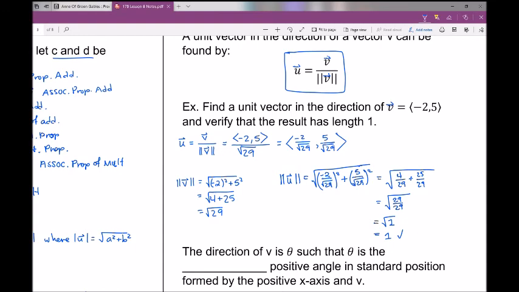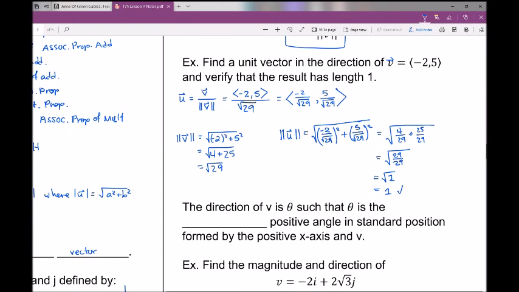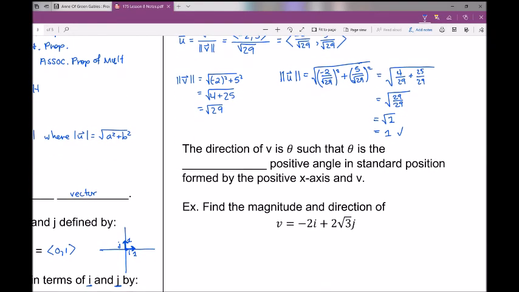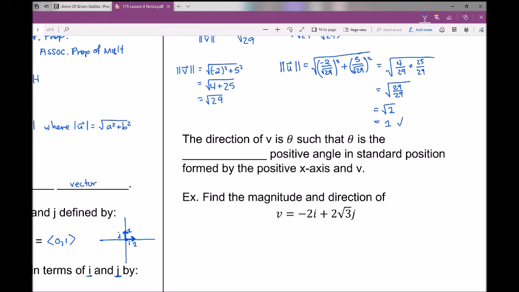Now the direction of v, you could think about this as a slope, but we usually like to define it in terms of an angle. So rather than just saying we're going up 2 over 1, we want to say that we rotate some angle in the plane. So theta is the smallest positive angle formed by the positive x-axis and v.